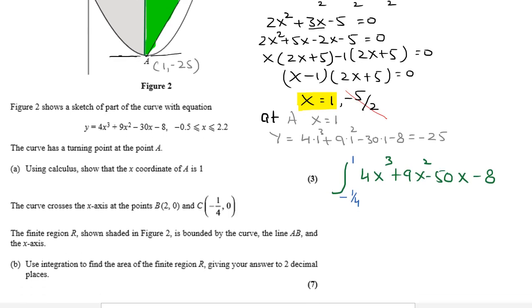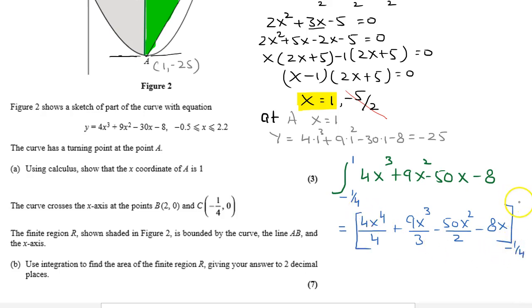So this is equal to 4x to the power 4 over 4 plus 9x cube over 3 minus 30x square over 2 minus 8x, and that is from negative 1 over 4 to 1.